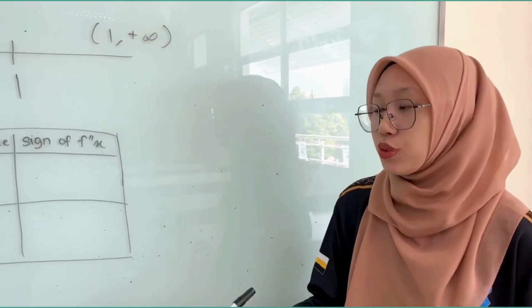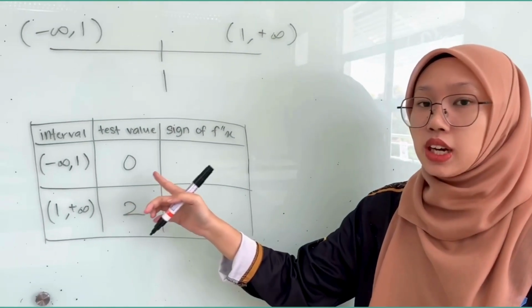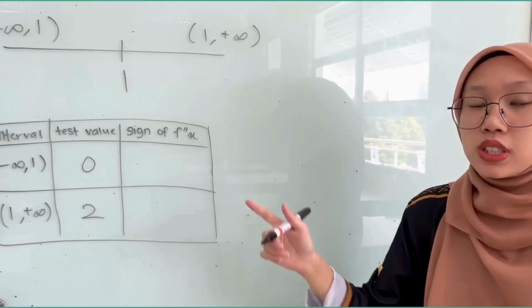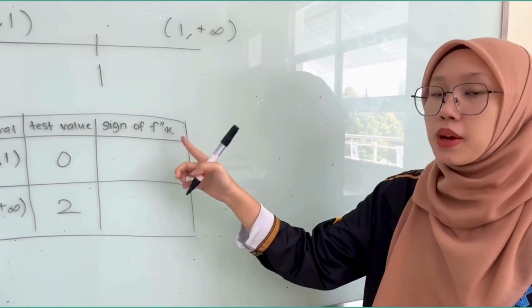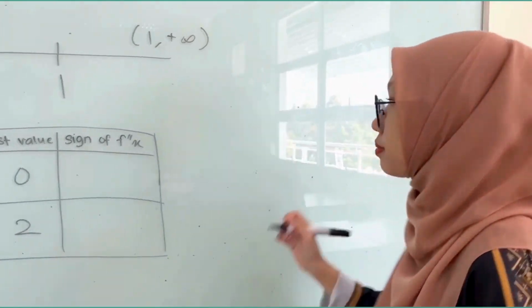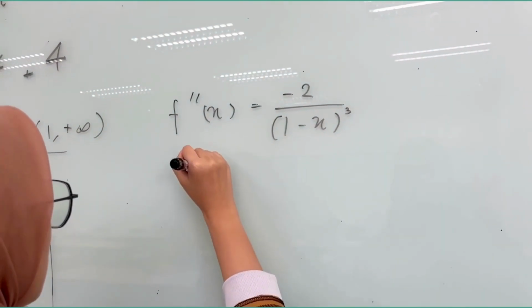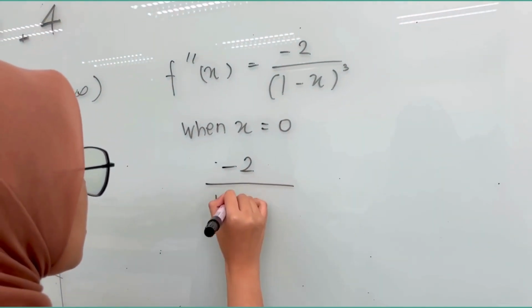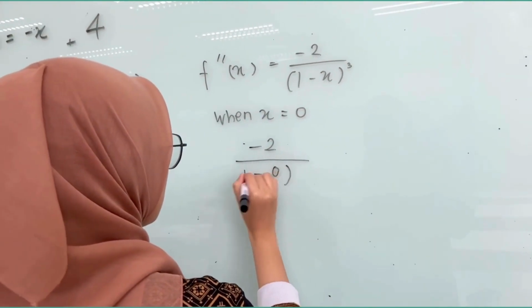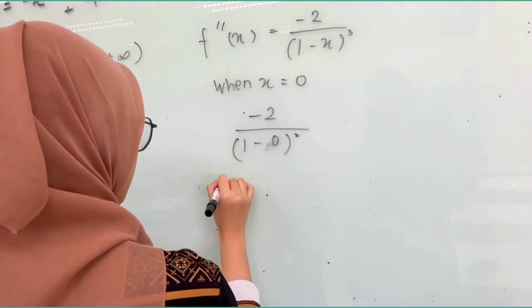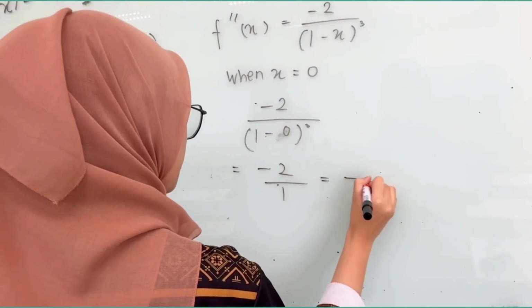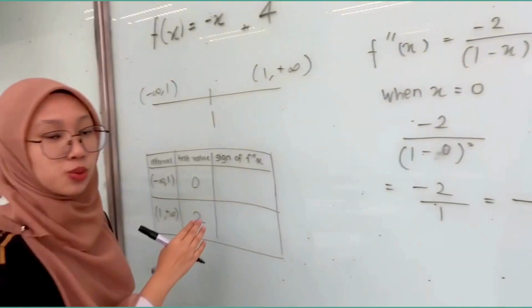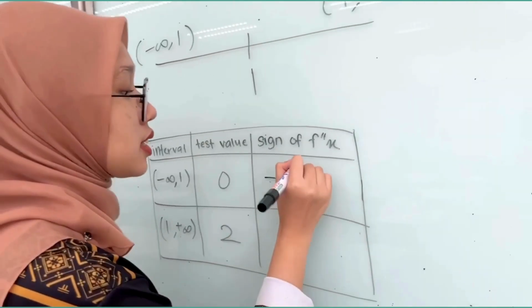We need to substitute the test values into the f double prime x equation. So the first one is negative, which is concave down.